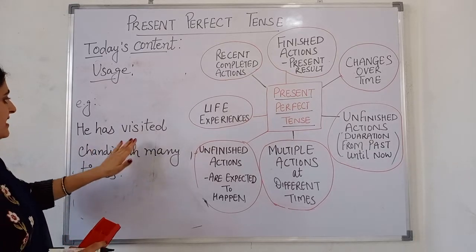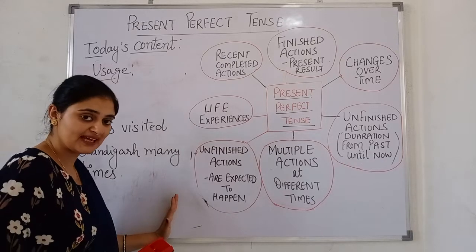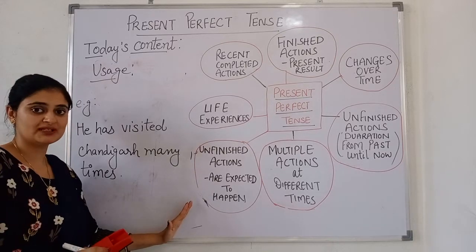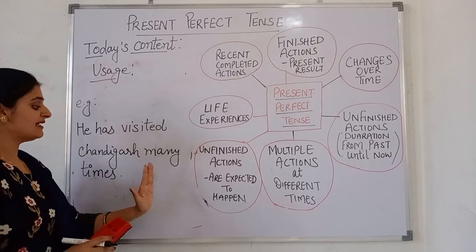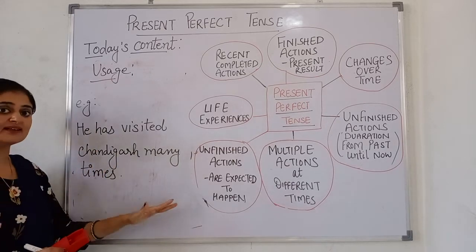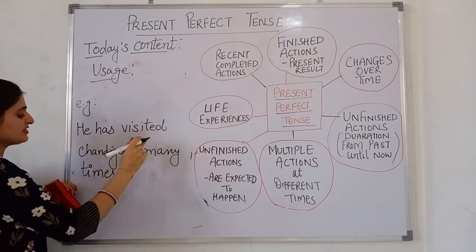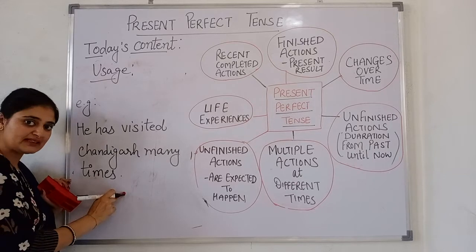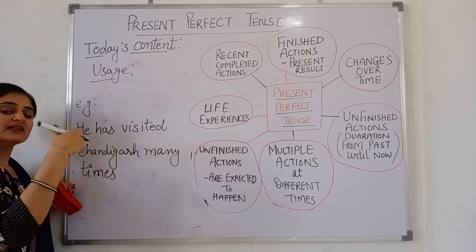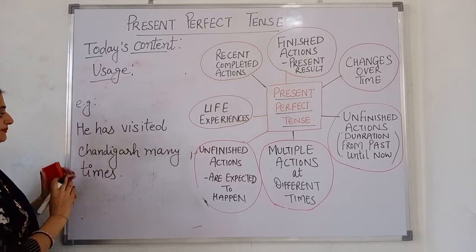Till now, he has visited Chandigarh many times, but what is the thing that we have to consider? That it can happen in the future too. It is not ended. There is the possibility that this person can visit Chandigarh again in the future. So he has visited Chandigarh many times, several times, twice, thrice, 4 times. Clear? And in the future too, he can visit the place.